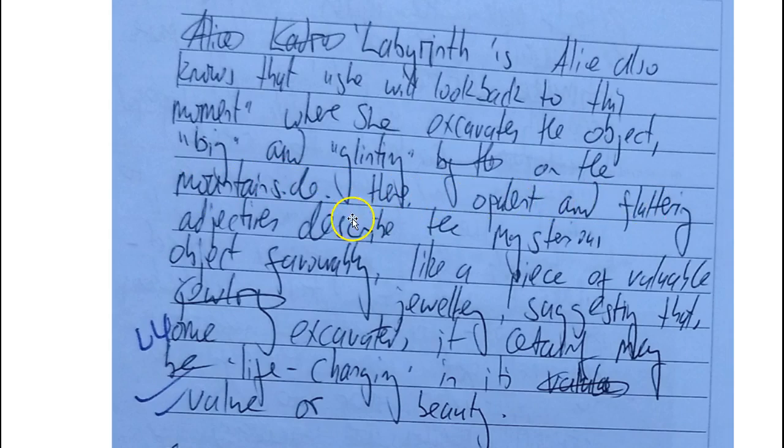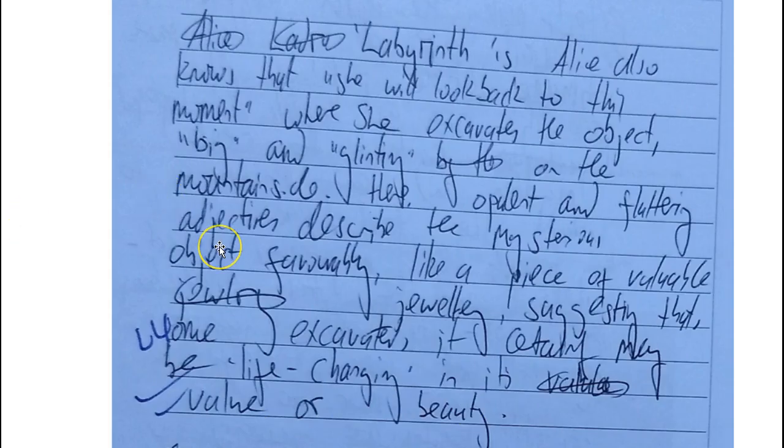Here, opulent and flattering adjectives describe the mysterious object favourably, like a piece of valuable jewellery, suggesting that once excavated, it certainly may be life-changing in its value or beauty.